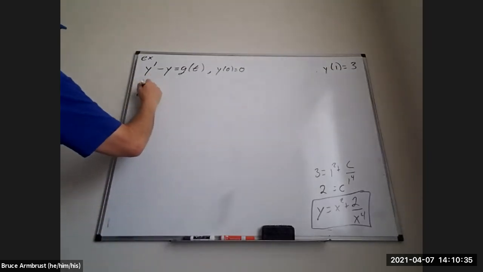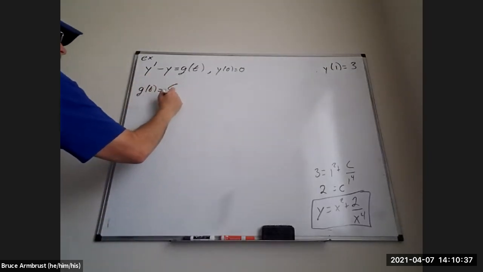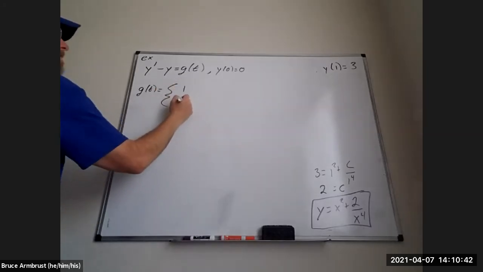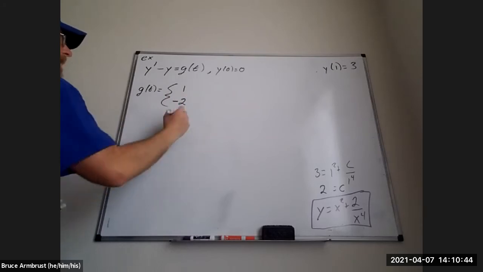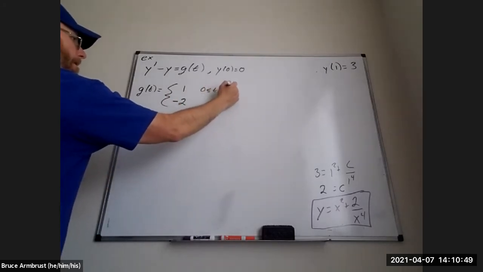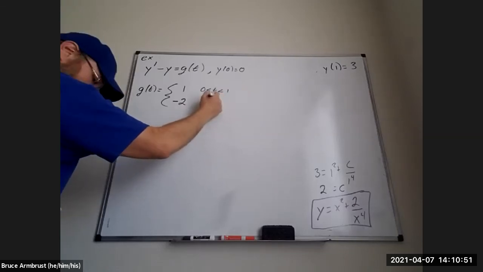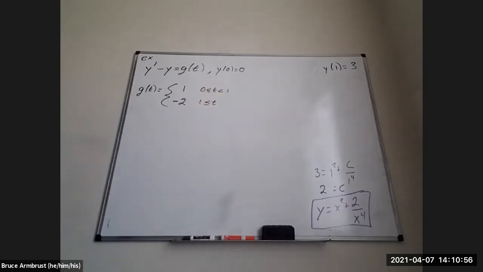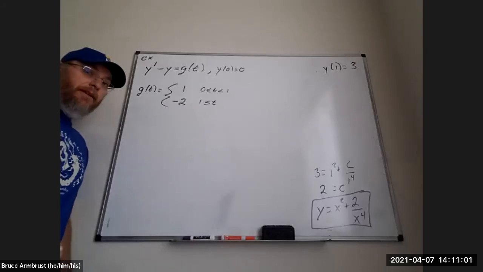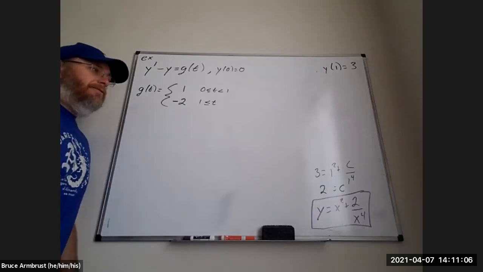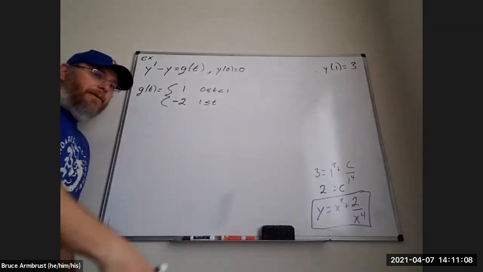But here's the deal with g. G is going to be piecewise. It's going to be piecewise defined. So it's going to equal 1 when we're between 0 and 1. And then it's going to turn into -2 once we get beyond 1.